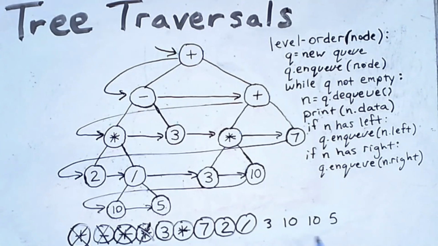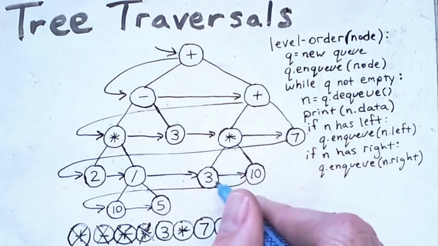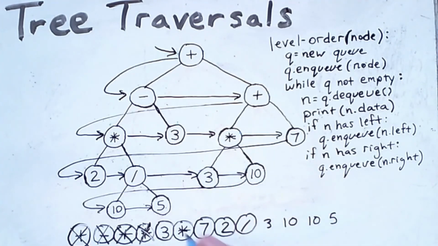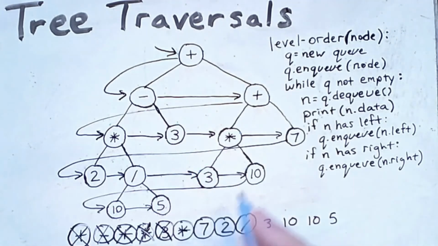And I'll go ahead and carry out the rest of these steps, but hopefully you're seeing the pattern and understanding how this works. Once we get rid of the 3, notice that 3 has no children, so nothing gets added. We just print that 3.